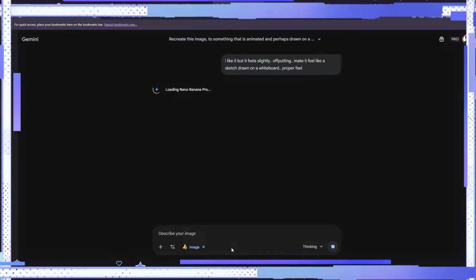Okay, let's see what it comes up with. This is like the most horrible form of prompt engineering that can be imagined. But yeah, all good in the hood, I suppose.